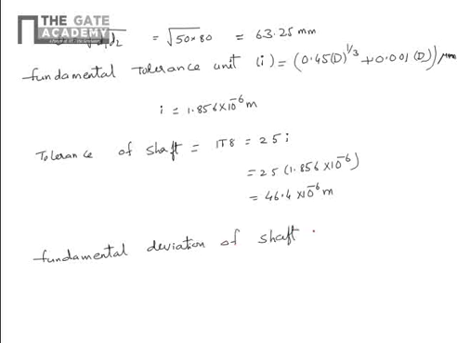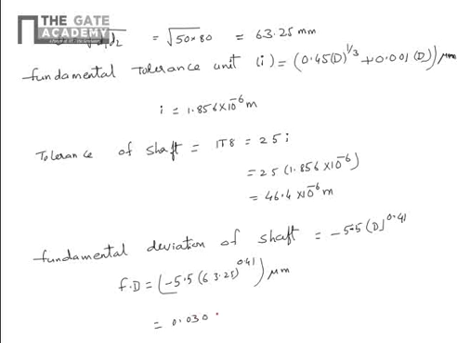So substitute D equal to 60, fundamental deviation fd equal to minus 5.5 into 63.25 whole power 0.41 micrometers. Substitute this value, you will get 0.030 mm fundamental deviation. So we got the values.